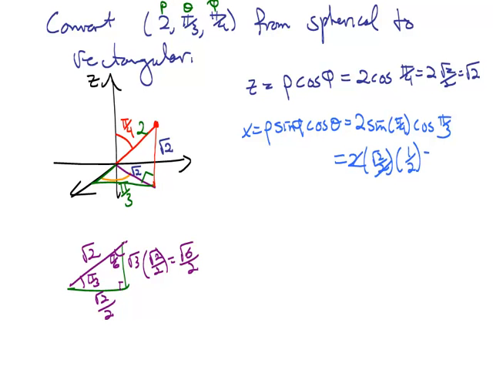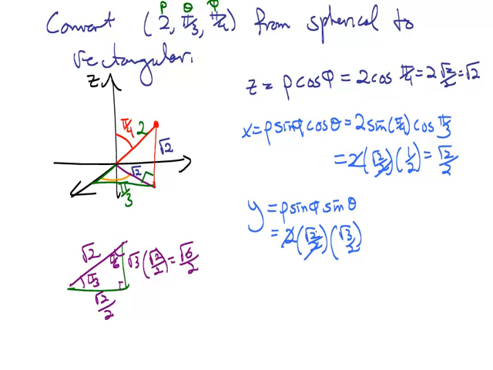So that's equal to square root of 2 over 2, just as we had surmised. Y is equal to rho sine phi sine theta, which is 2 times the square root of 2 over 2 times the sine of pi over 3, which is square root of 3 over 2. So that's square root of 6 over 2.